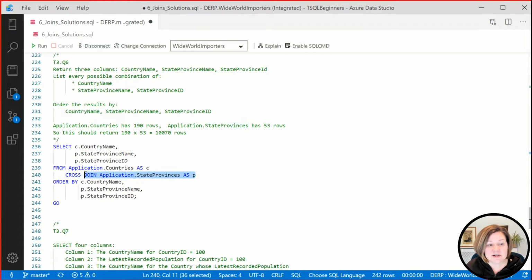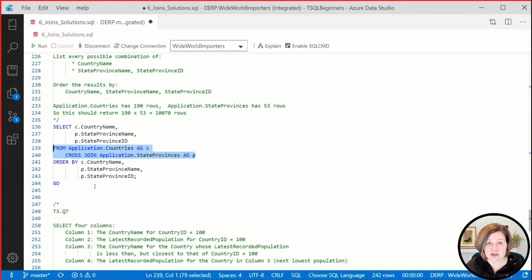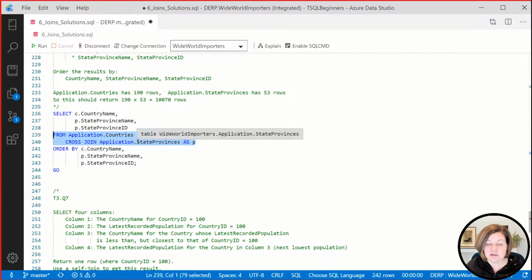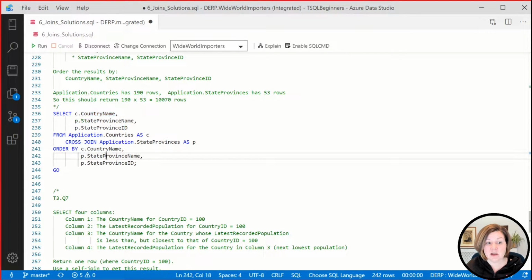And notice that we don't have a join criterion. We are not doing cross join on country ID. We're just saying we want every combination of rows between these two tables. We want these 3 columns, and we want to order by these 3 columns. So let's go ahead and run this.